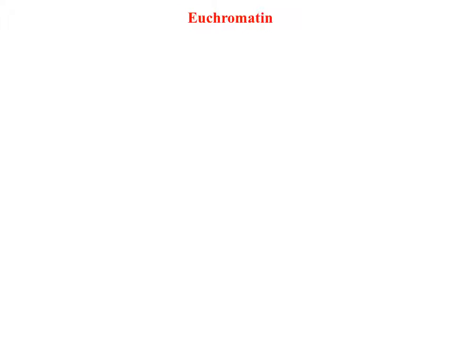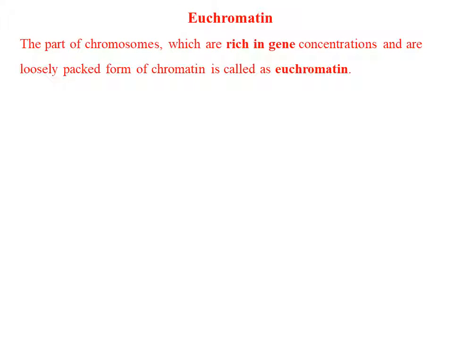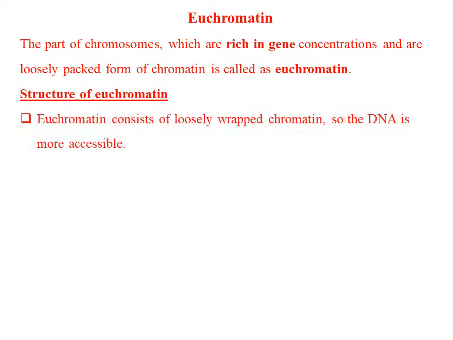The euchromatin. The euchromatin is the part of the chromosome which is rich in gene concentration, that is, rich in DNA, and this loosely packed form of chromatin is called euchromatin. The structure of euchromatin: it consists of loosely wrapped chromatin, so the DNA is more accessible for the transcription process.